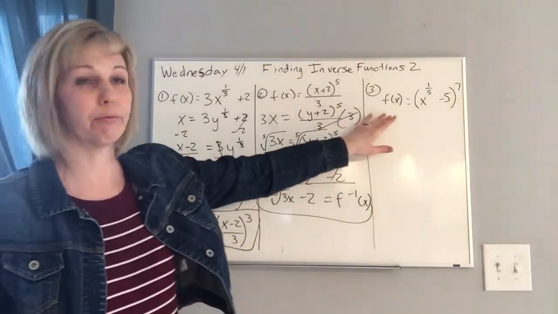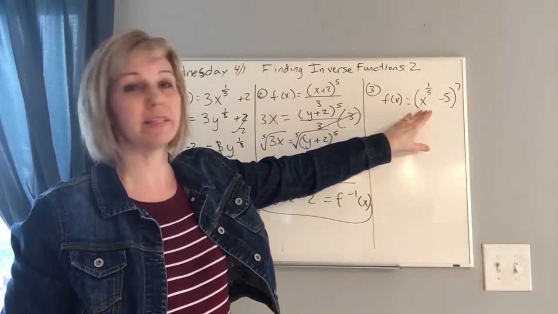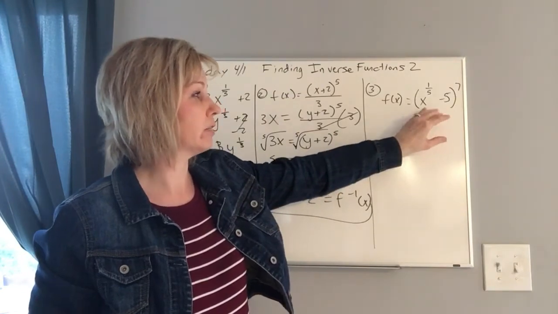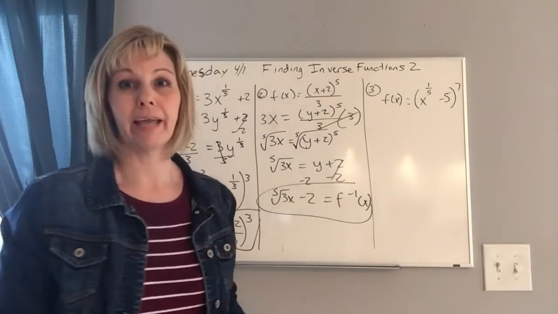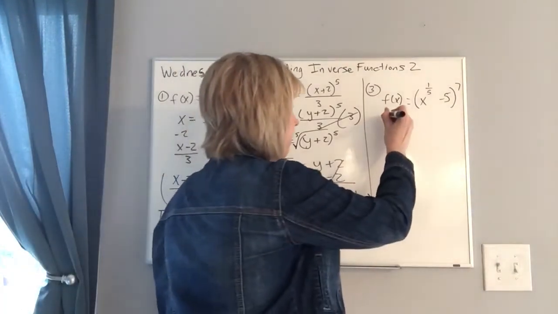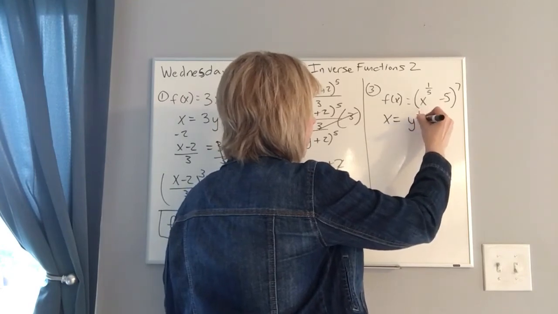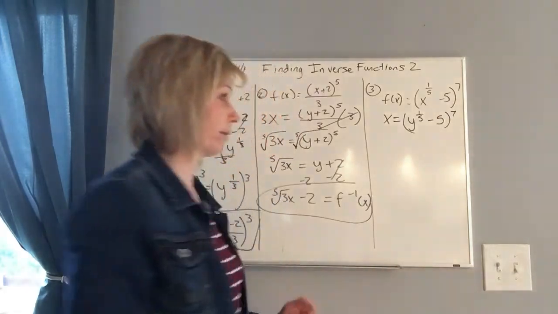All right, number 3. So we have f of x equals, in parentheses x to the 1/5 minus 5, and then that's all raised to the 7th power. Same thing, switch the x and y. So x equals y to the 1/5 minus 5 to the 7th power.